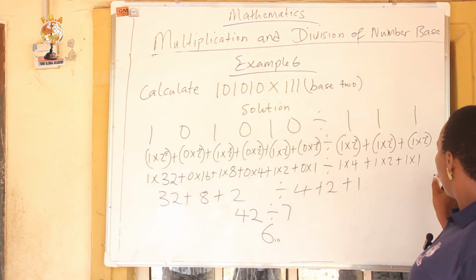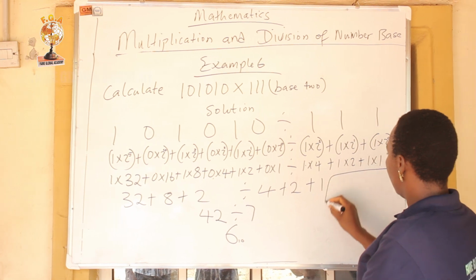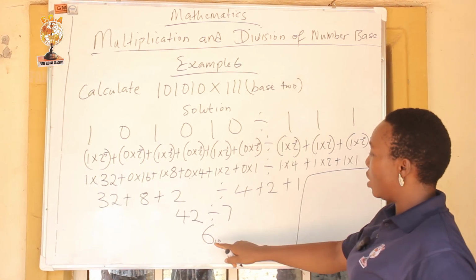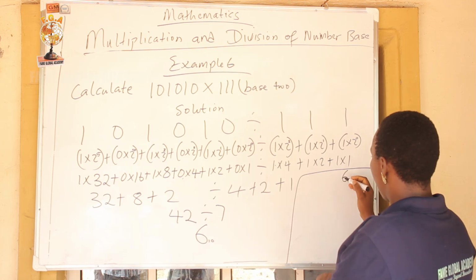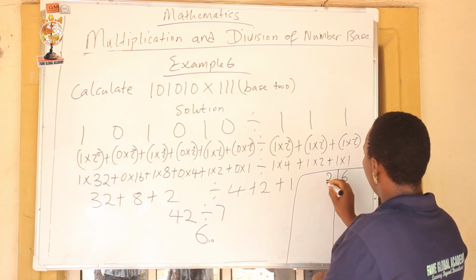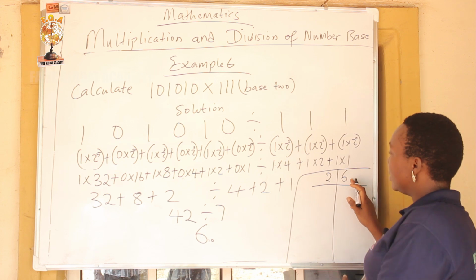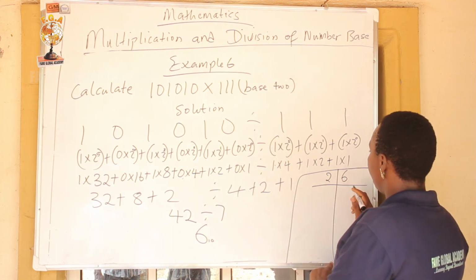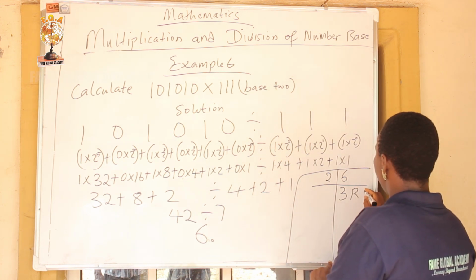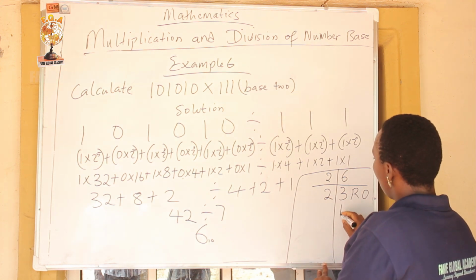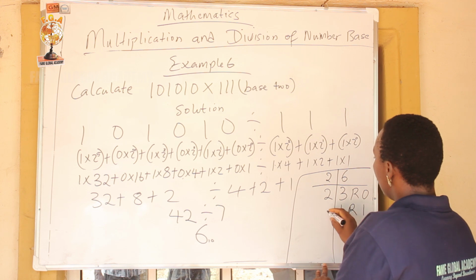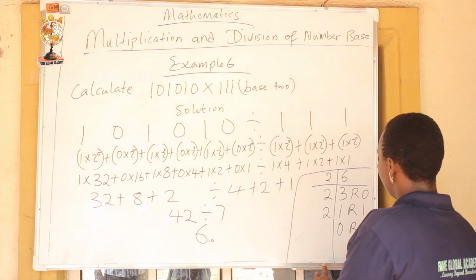All right, so let's use this corner as well. Remember, now we are converting using base 2. So we have 6 here and we have 2 here. 2 divided by 6 will give us what? 3 remainder 0. 2 divided by 3 will give us 1 remainder 1. 2 divided by 1 will give us 0 remainder 1.